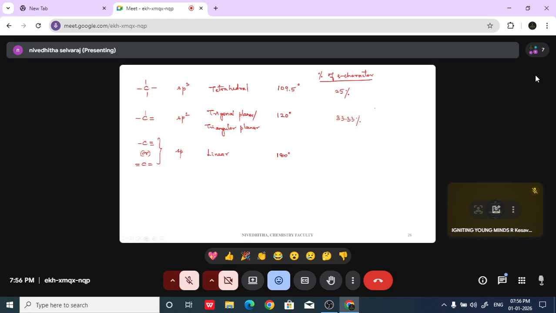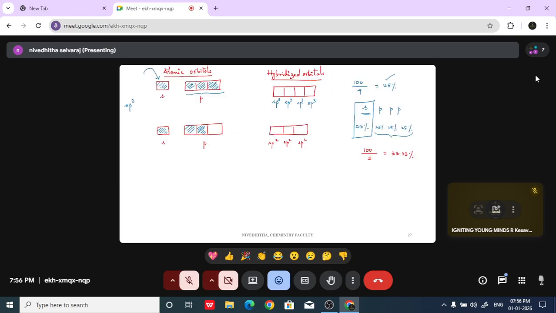Okay. How about sp hybridized carbon? Can you please tell me the percentage of s character for sp hybridized orbital? How to find that? Total character was 100, and we have to divide by which number?